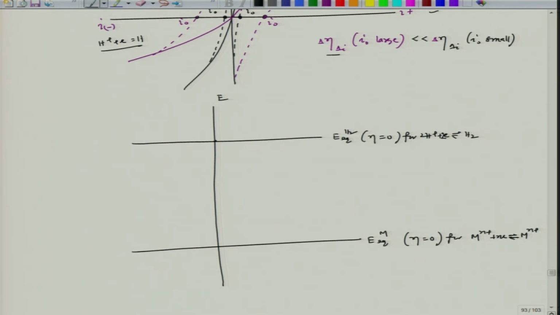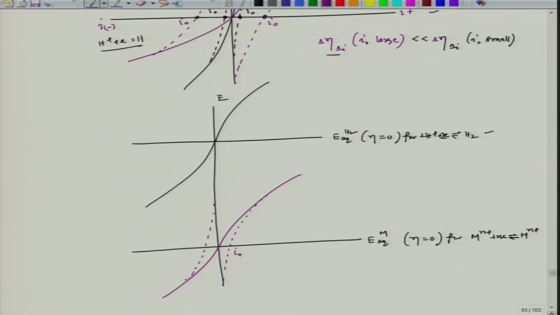Now, both of them have their own Butler-Volmer equation. If I try to see the plot for this reaction, let us say it will be plotted like this, and for the metal, let us say this becomes my plot. These are the two plots. An individual current density plot would be like this.